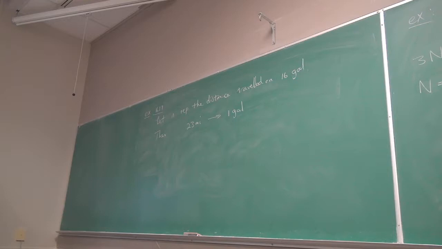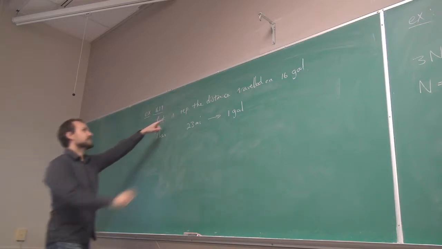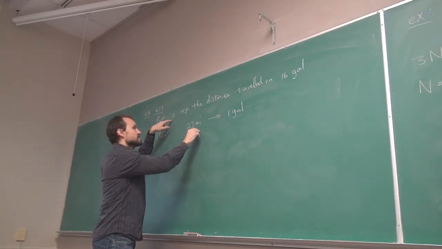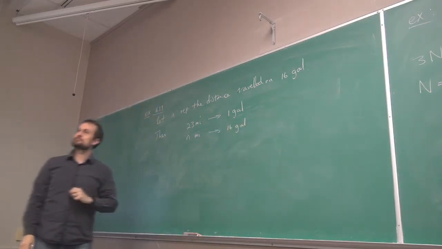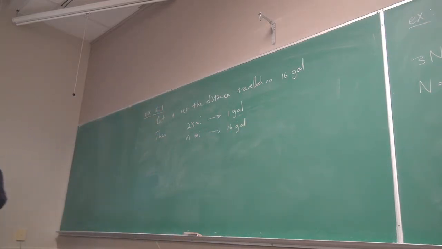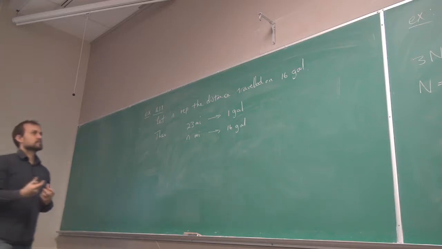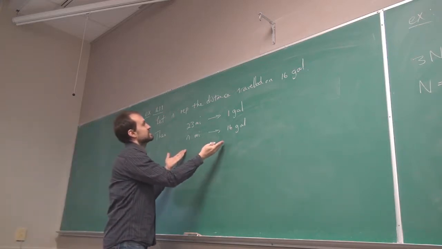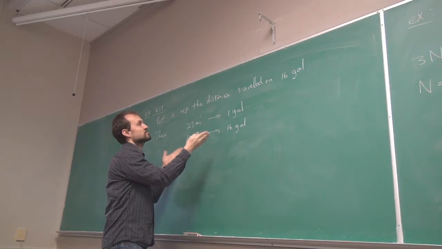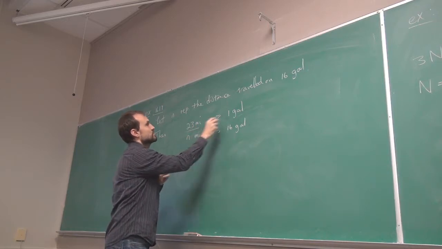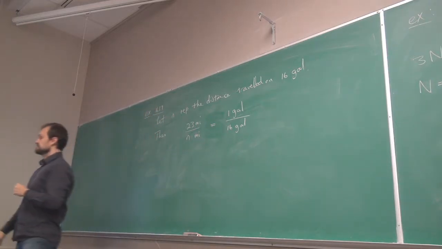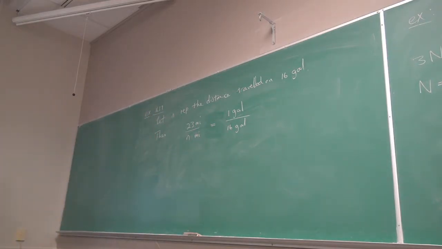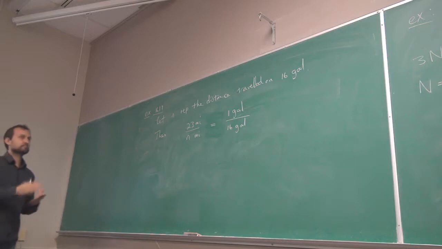How far can I go on 16? So N miles would correspond to 16 gallons. It's a proportional change. So if I write it like this, I have my ratio equation right there. Put a little fraction line in, equal sign in the middle. It'll always work. Absolutely always.